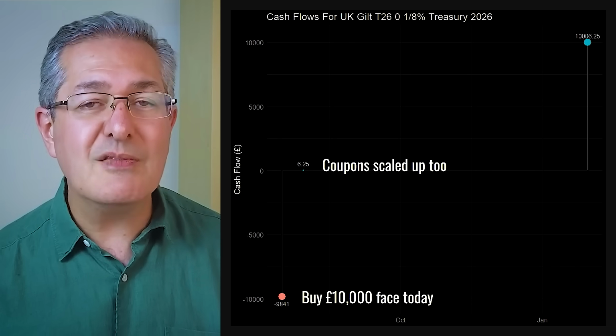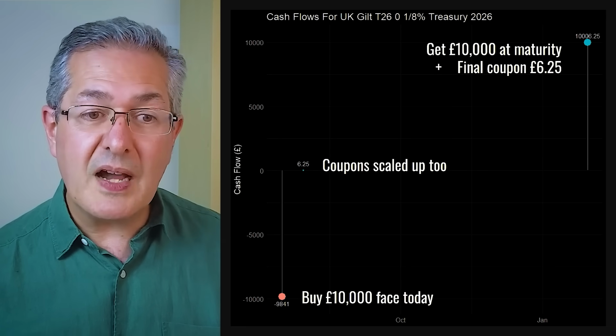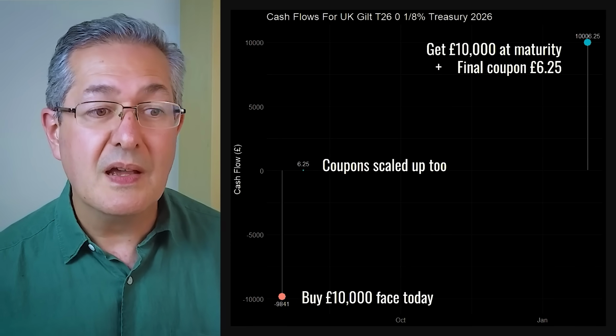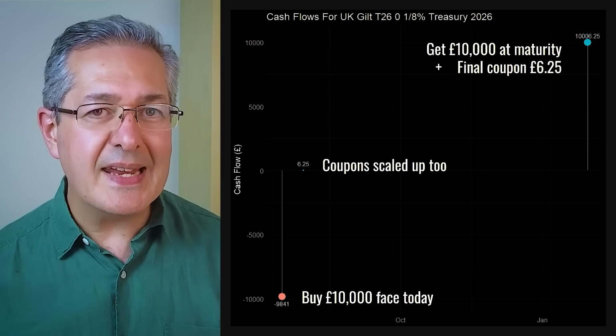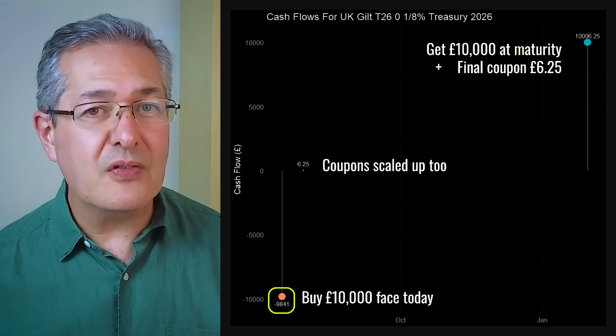You're just about to receive one of those, and then you'll get the final £6.25 on the maturity date of this bond. The amount you'd pay for that today would be £9,841. So very crudely, if we wanted a £10,000 income every year for the next 3 years, we just buy £10,000 face of those 3 bonds.